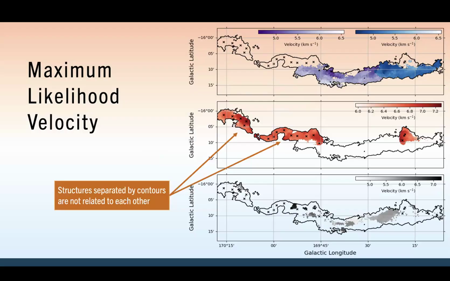And then finally, all of the contours are showing the borders of where there was either 1 or 2 velocity components and 0. So if it's outside of the black contours, that's where there was 0 components identified. But if gas is separated by contours, that often means that it was identified to be 2 different structures by ACORNS.